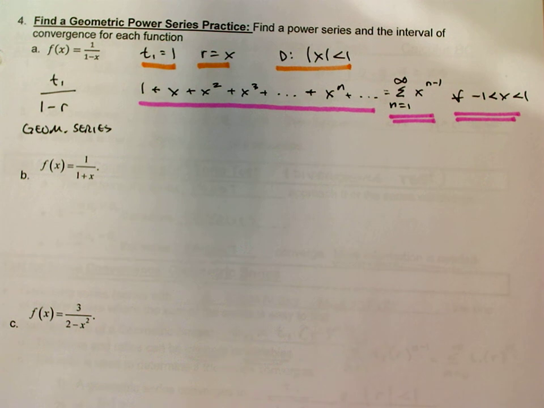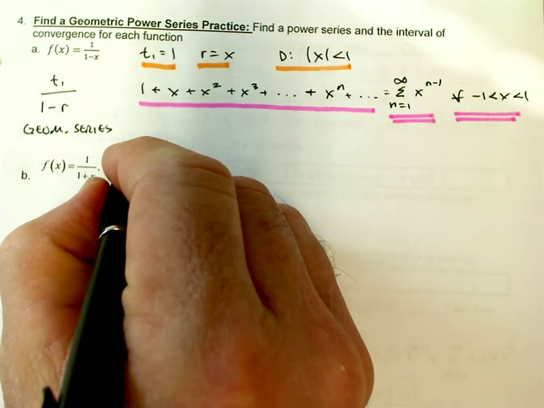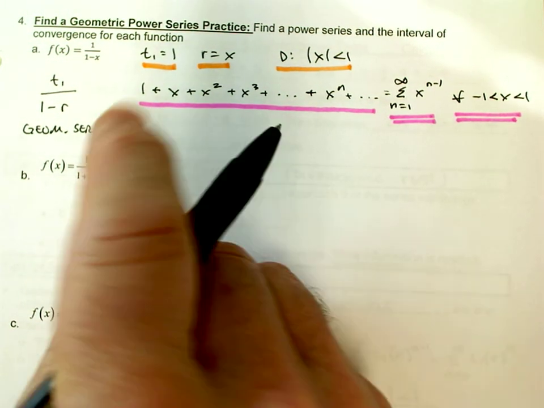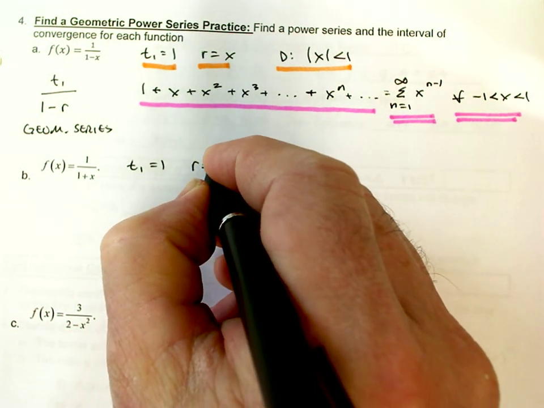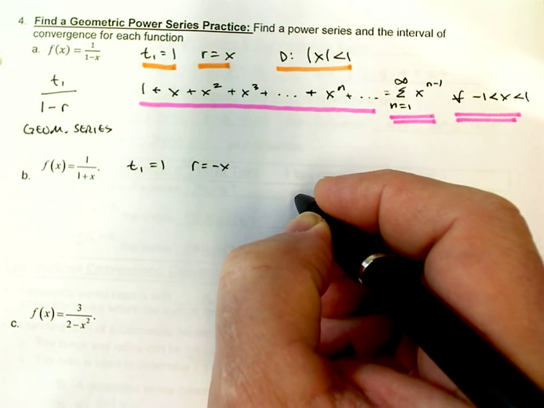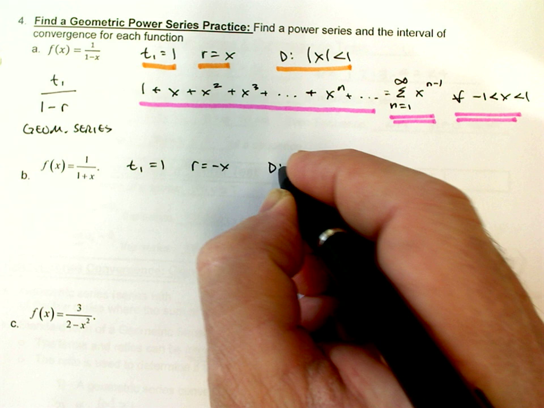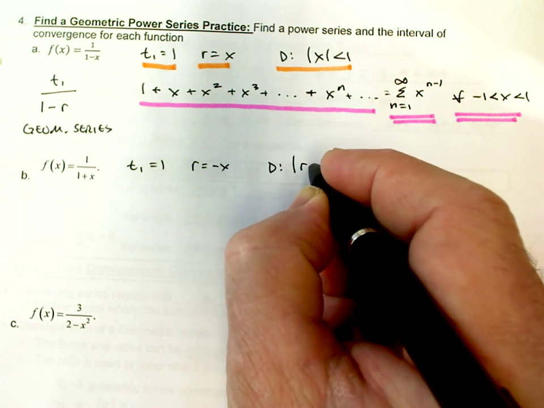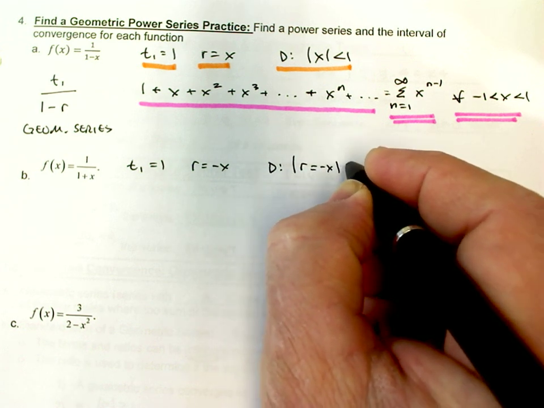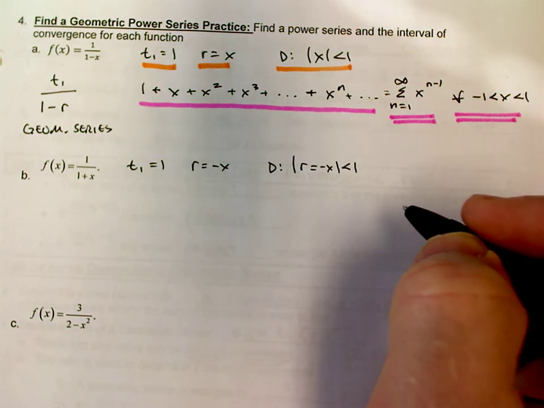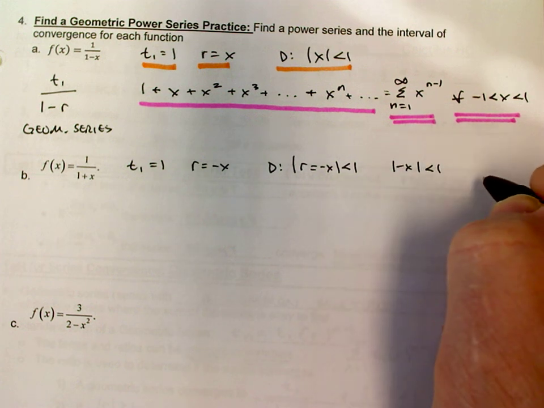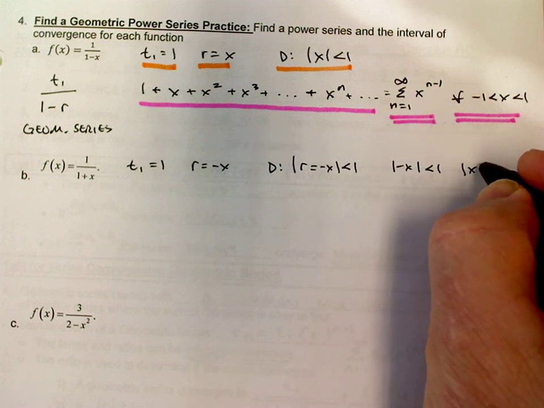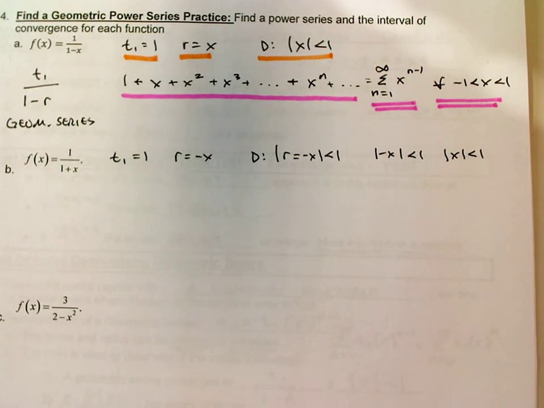Now, you can see from this one that our first term is 1. This time, our common ratio is going to have to be -x, okay? Which means our domain is going to be whenever that r value is less than 1, or the absolute value of -x is less than 1, which is just going to be the absolute value of x is less than 1.